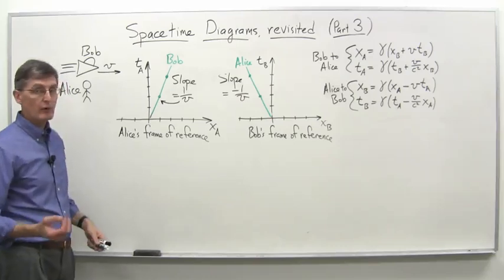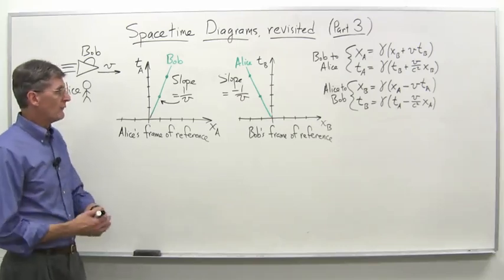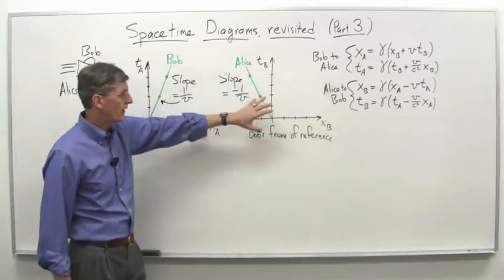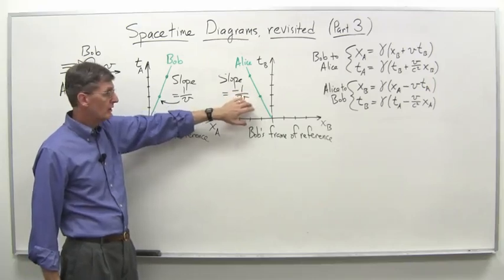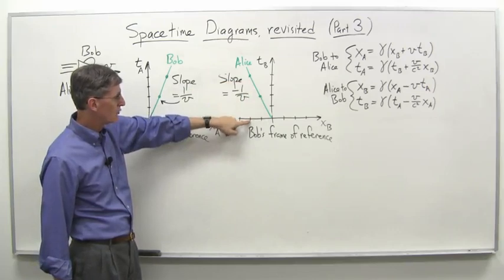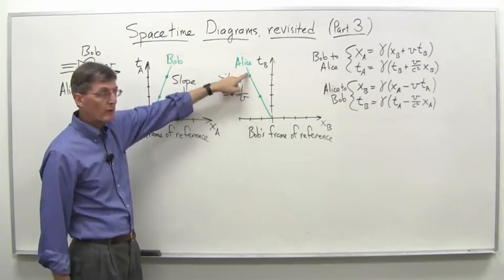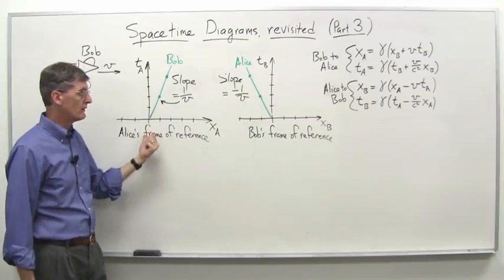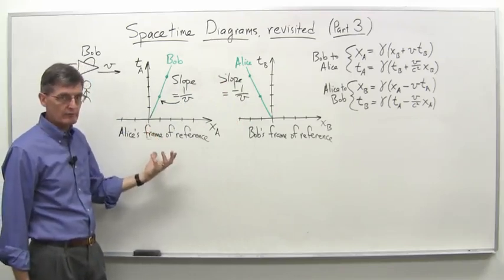Now for any given point, though, remember, we have the Lorentz transformations. So given, say, in Bob's situation, a given space-time point, like this one right here at -2, 4, if I wanted to find the corresponding point in Alice's frame of reference over here, it would not be -2, 4.